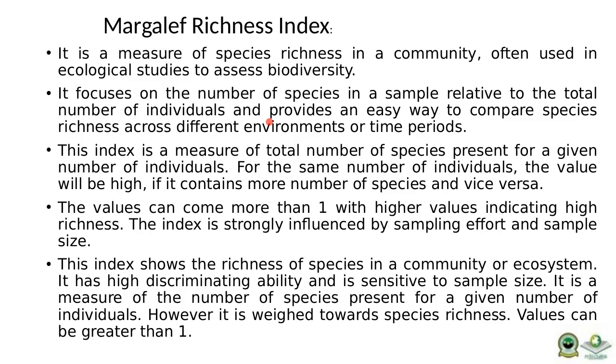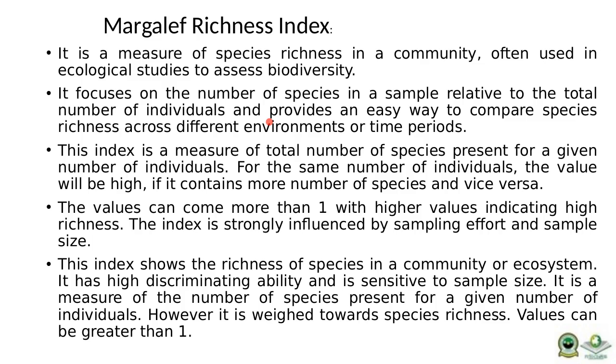So we may have 40 individuals, but we may have 10 different species, making up 40 individuals, and that provides the number of species richness. So in species richness, we look at what? Number of individuals. This index is a measure of total number of species present for a given number of individuals.